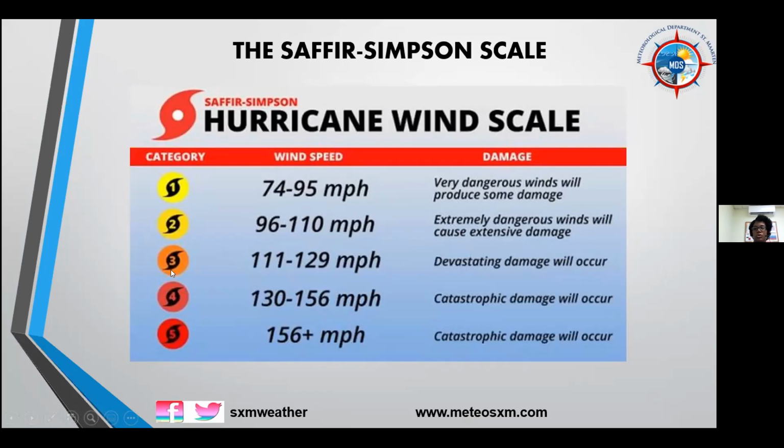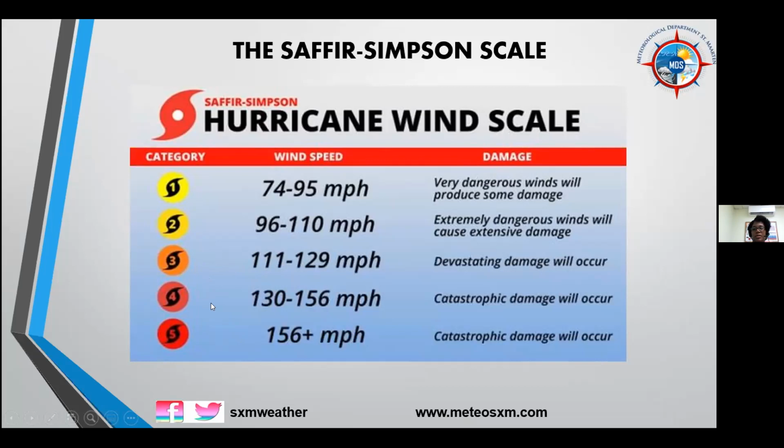We have the category 2. Categories 3, 4, and 5 are the major hurricanes. They cause catastrophic damage and devastation. Those of us who are old enough will remember Luis in the past and most recently Irma in 2017.